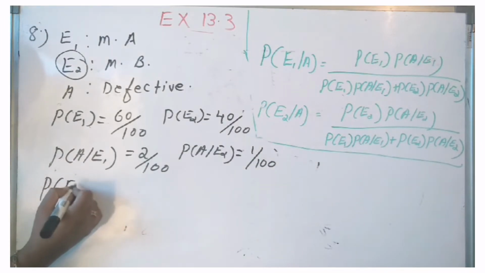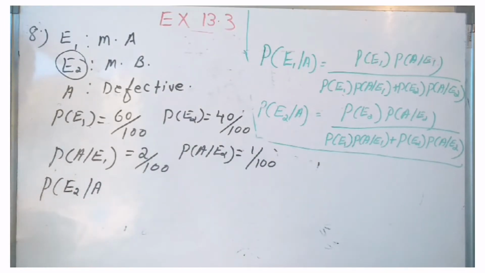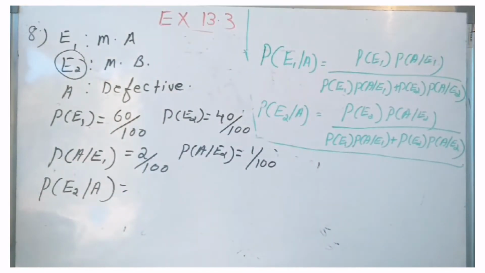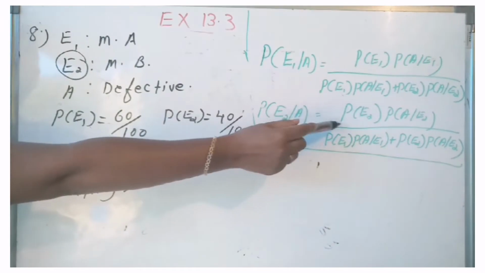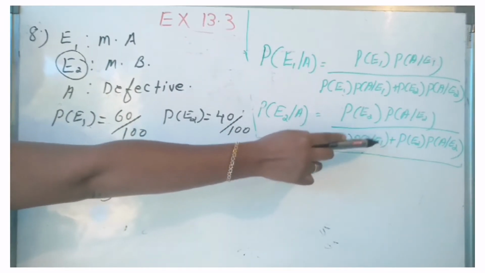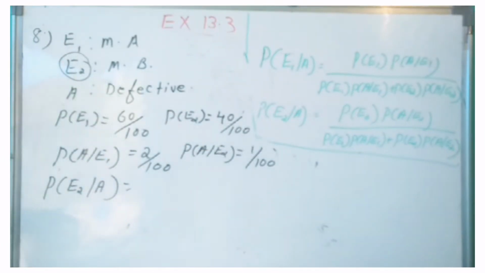Here P of E2 given A is equal to the second formula: P of E2 into P of A given E2 divided by P of E1 into P of A given E1 plus P of E2 into P of A given E2.